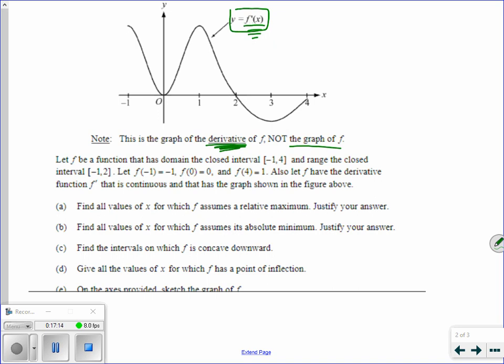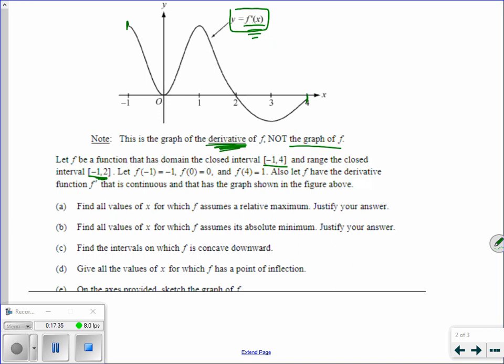Let's read through this. It says, let f be a function that has domain the closed interval -1 to 4, which we can see here's -1 all the way to 4. So the function is between -1 and 4. And the range, the closed interval, -1 to 2.